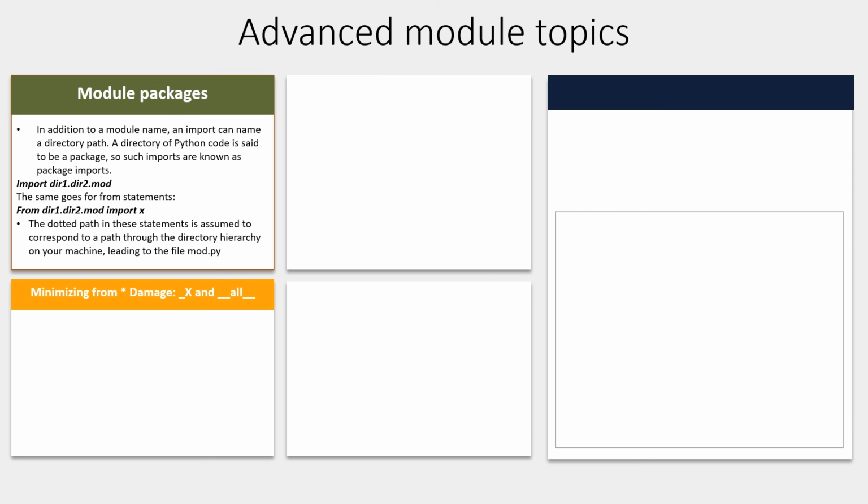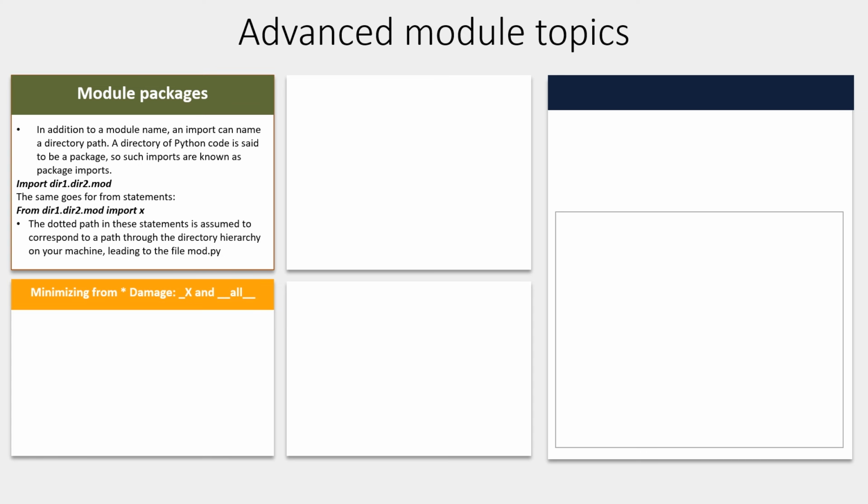Okay. Next, as we have seen, a Python module exports all the names assigned at the top level of its file. There is no notion of declaring which names should not be visible outside the module. In fact, there is no way to prevent a client from changing names inside a module if it wants to.